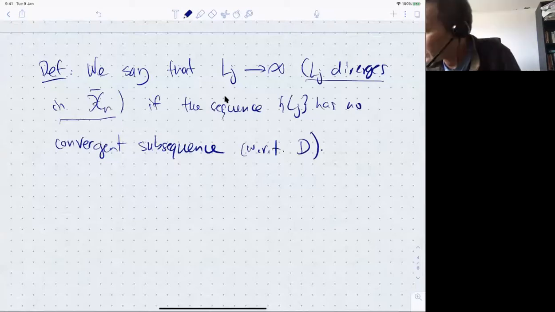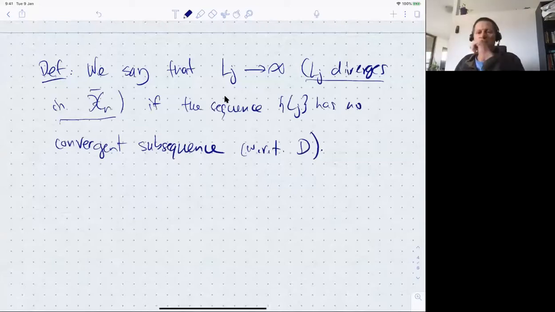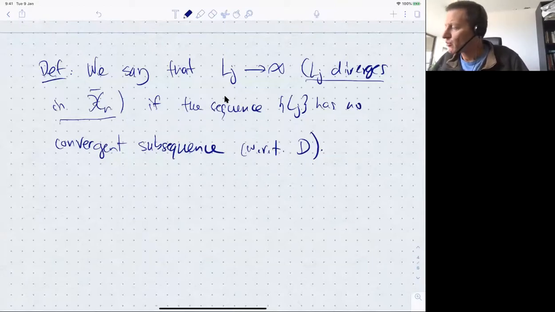As you know, a set in a metric space is compact if and only if every sequence has a convergent subsequence. So this is a definition that we need in order to detect compactness.